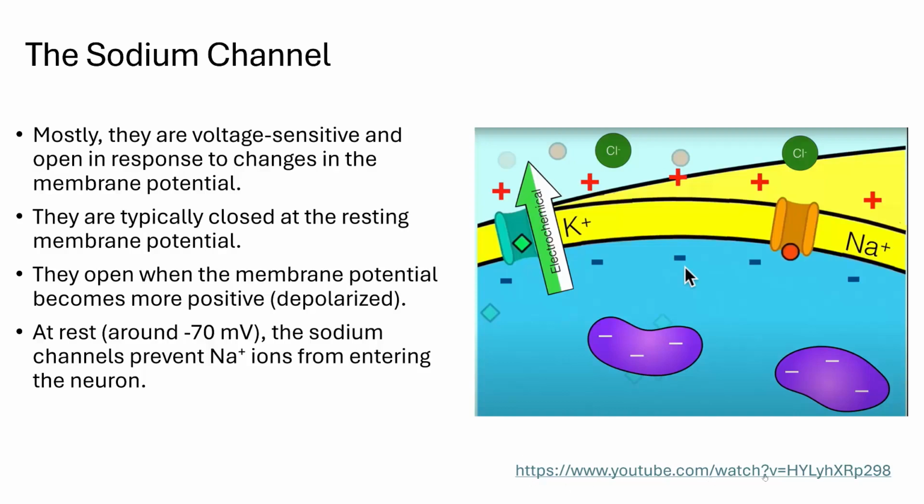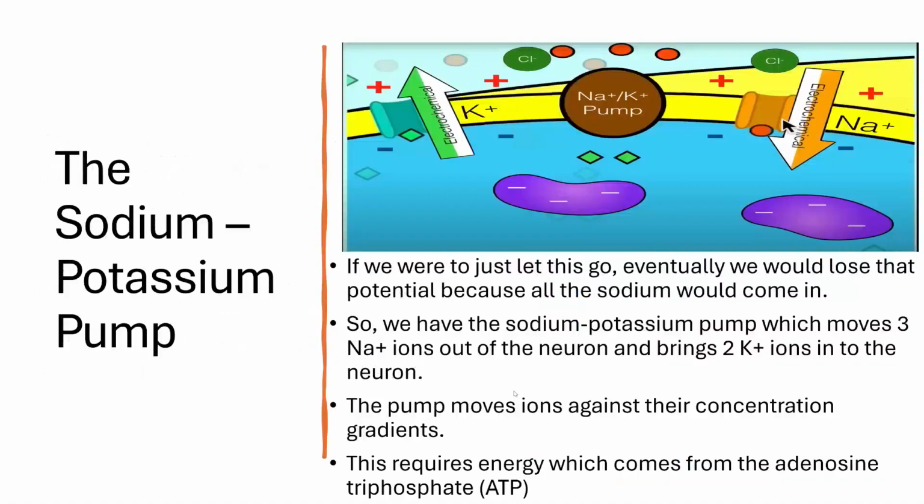Apart from the simulation, this is a very good explanatory video that you may watch, and I took the images from here. So now let's go and see the sodium potassium pump.